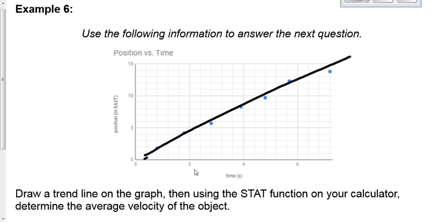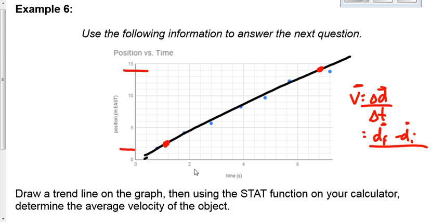If you don't have a TI-83 or TI-84, then what I want you to do is pick 2 points on the line, far apart from each other, and then say v is equal to delta d over delta t, which is df minus di, up and over, subtract the 2, over tf minus ti.